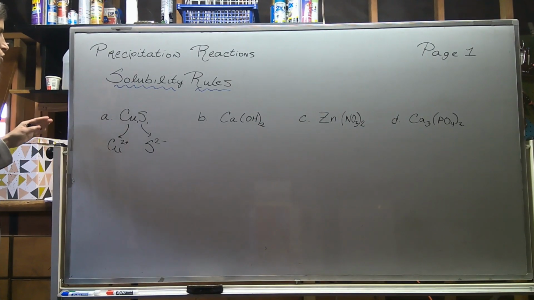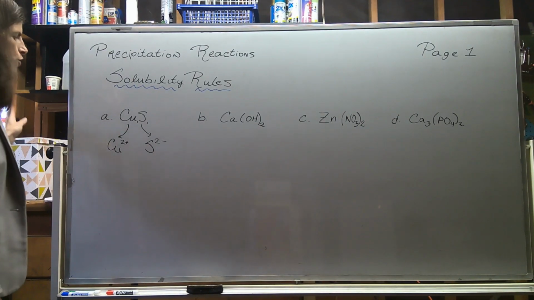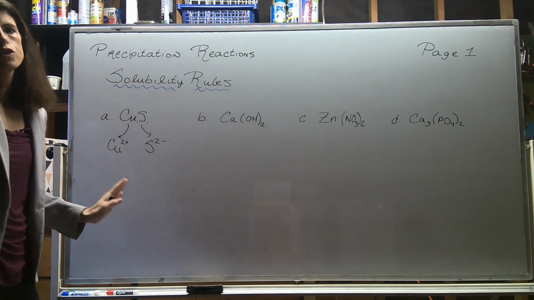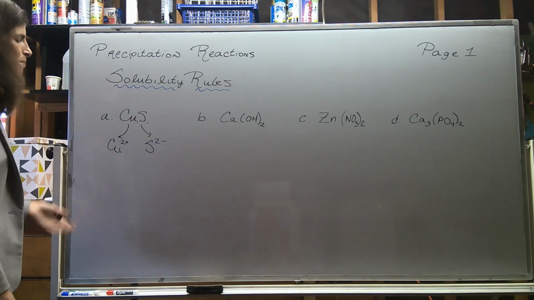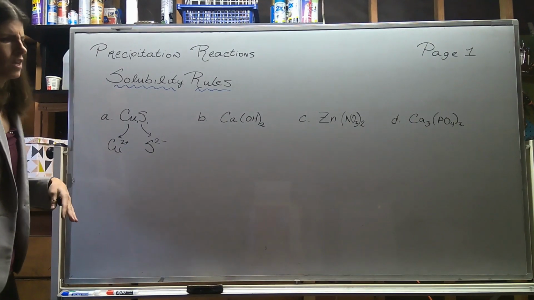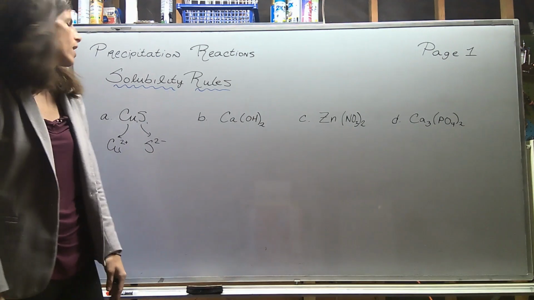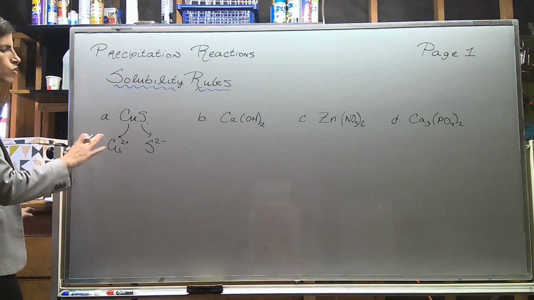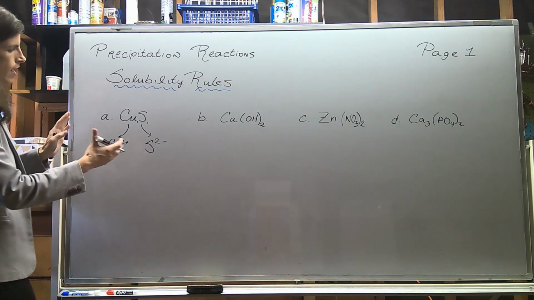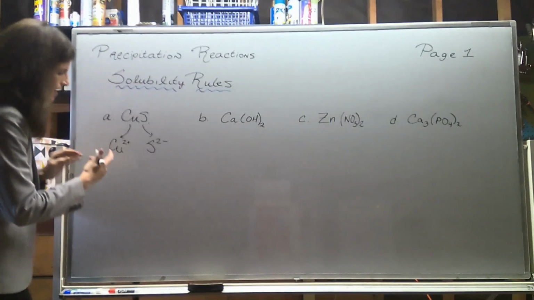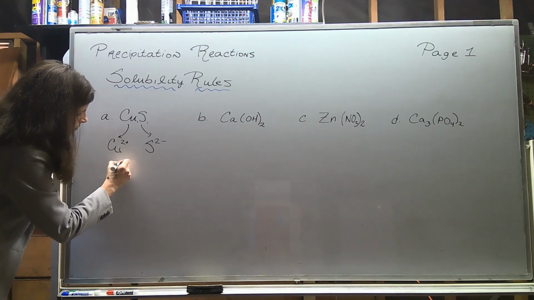Now, you're going to look through each rule. If you don't like my rules, there's other versions of solubility rules. Your lab manual has a different version. You can Google it. There's all kinds of YouTube videos about how to memorize them. So I know from experience that copper sulfide is an insoluble compound.